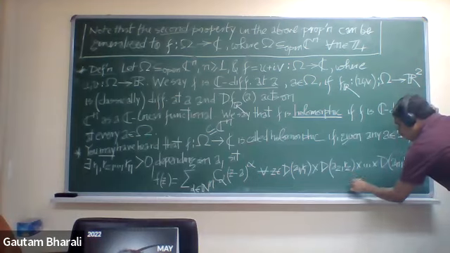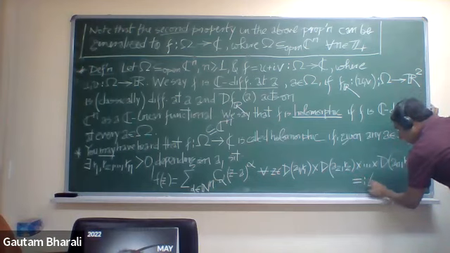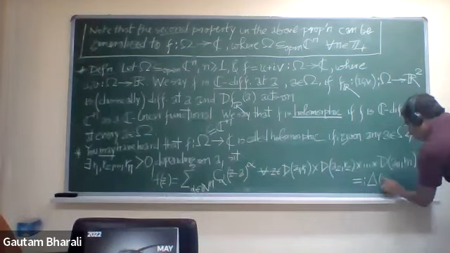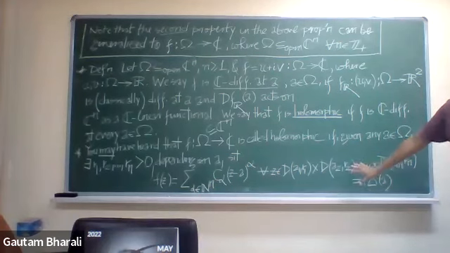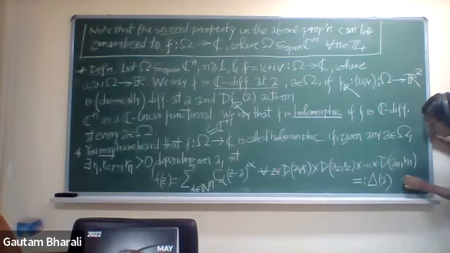So let's give a name to this object. Let's call this delta of a. And of course, if I have a power series, then I should tell you about its convergence behavior, right?